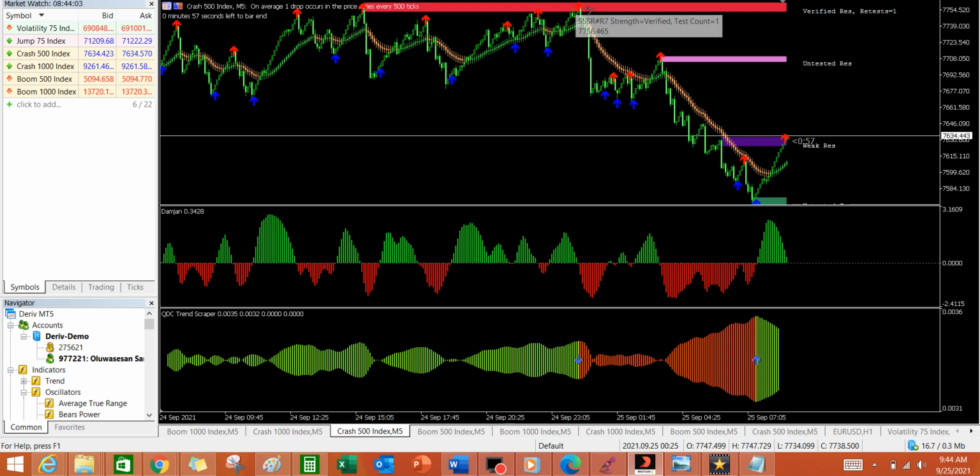Right from here we can see that we had our sell signal and the trend is in support of that. The sell signal came from there and it went straight down to this support zone. How sure are we that if we come in right here, it will go in our direction and we won't lose any money in case there is a major or sudden reversal in price action?